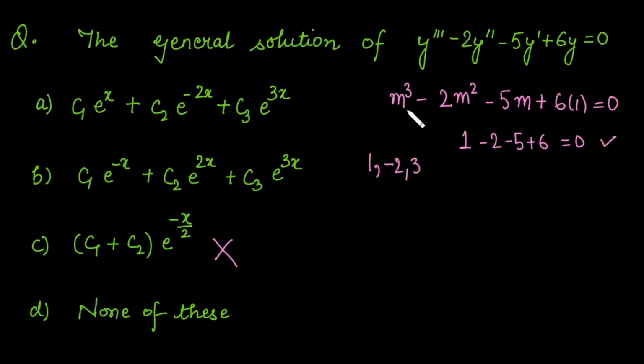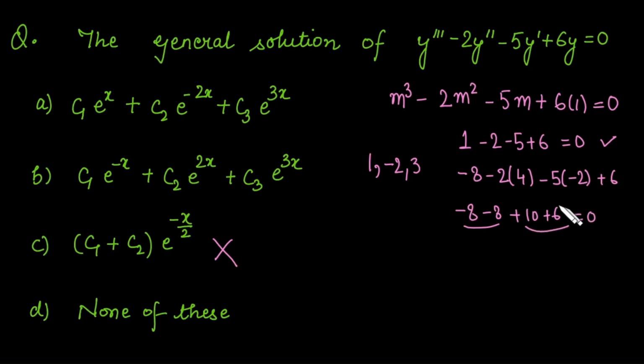When you take minus 2 over here, minus 2 cube is minus 8, minus twice of minus 2 square, that is 4, minus 5 times of minus 2 plus 6. So this is minus 8 plus 10 plus 6 minus 16 plus 16, it is getting a 0. Yes, that is the solution of this auxiliary equation.